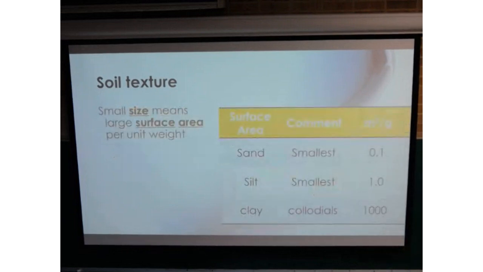And for soil texture, a small size means a large surface area per unit of weight. It means soil is really important. One of the reasons is that soil is able to support nutrients. So to support nutrients for growing plants, soil is going to keep the nutrients. Where are they going to keep the nutrients?